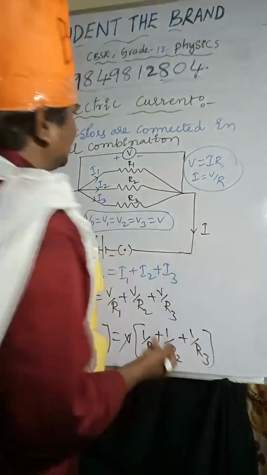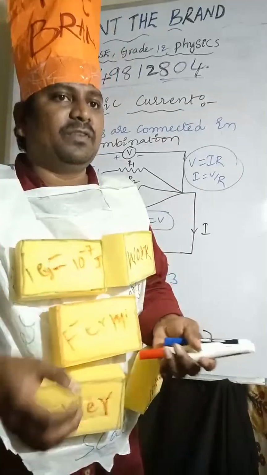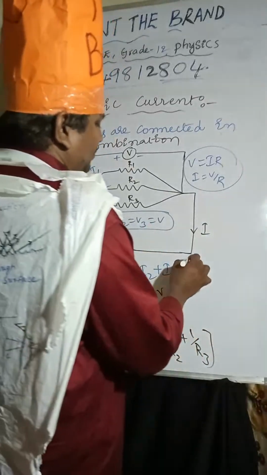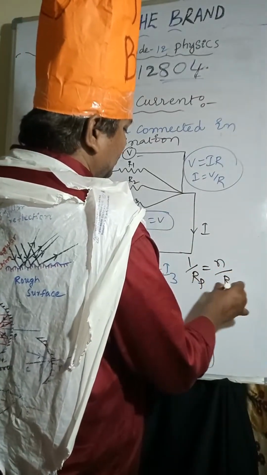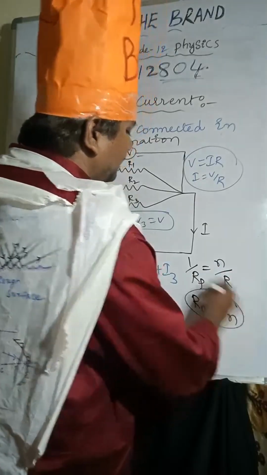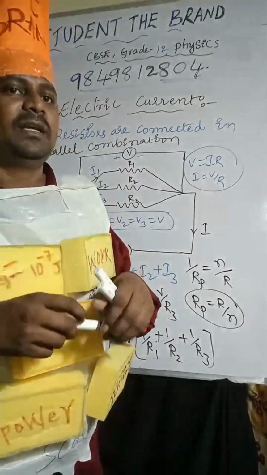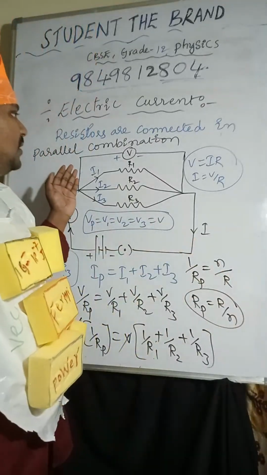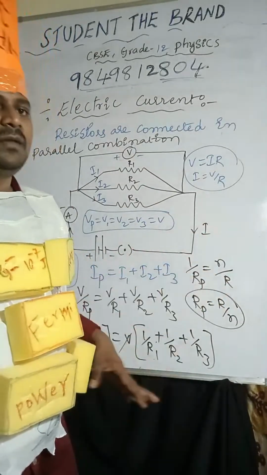If n number of resistors are connected in parallel combination, so 1 by Rp equal to n by R. So Rp equal to R by n. So this is a formula. I hope it is very clear. Just check once. If n number of resistors are connected in parallel combination, 1 by Rp equal to n by R, Rp equal to R by n.